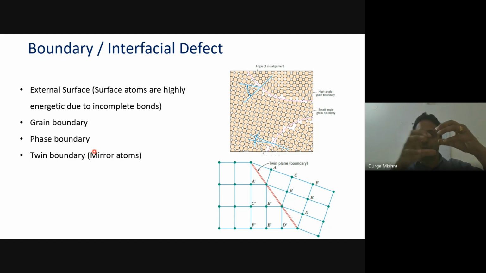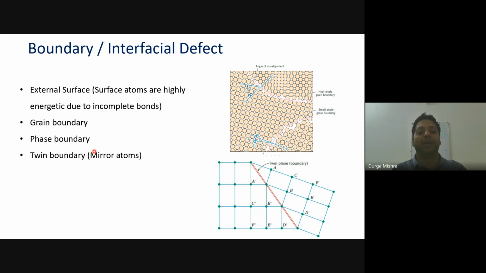The atoms within the material, if they have six nearest neighbors, will find those neighbors. But the atoms on the surface will have only half of those neighbors, because there is no more material there. So those atoms are in a highly energetic state because of this incomplete bond.